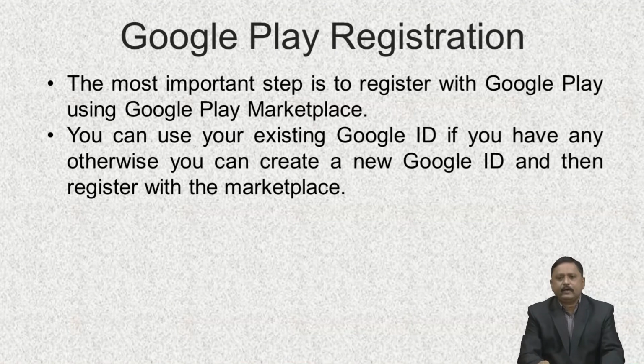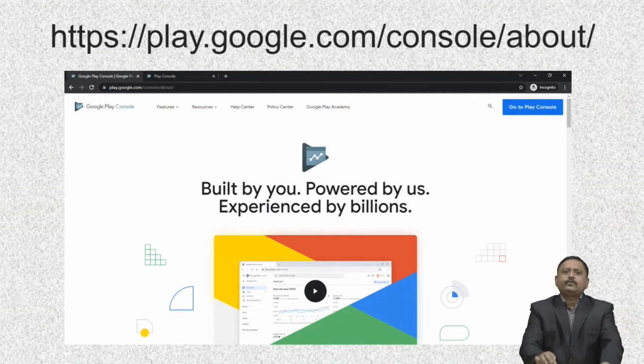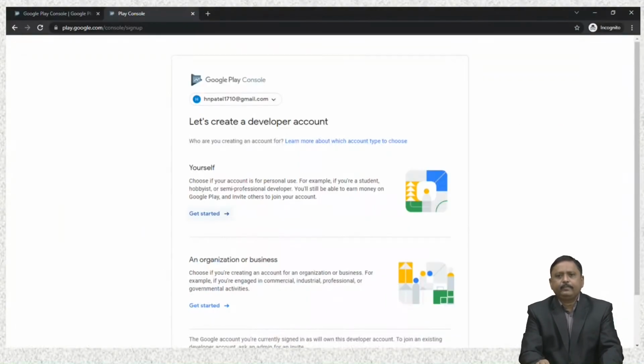Otherwise, you can create a new Google ID and then register with the marketplace. For that, you have to visit this URL, https://play.google.com/console/about. On the top right hand side, you will see this button, go to Play Console. You have to click on this button and you will be redirected to this page.